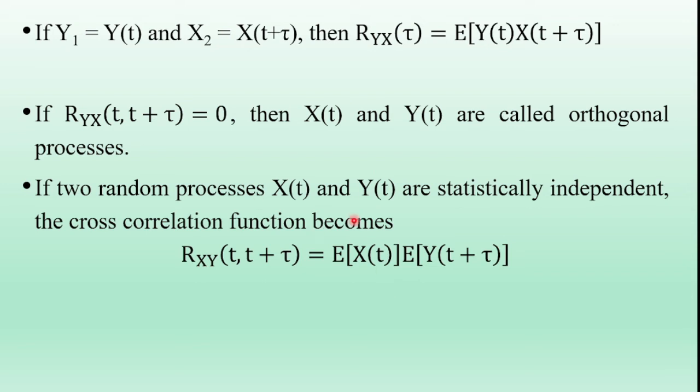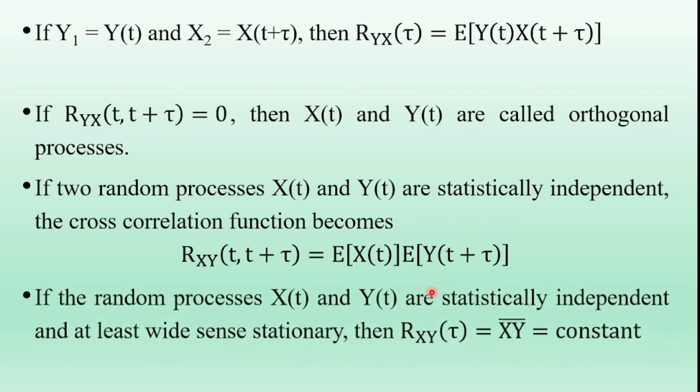Since the two random processes x(t) and y(t) are statistically independent, the expectation of x(t) y(t plus tau) is the product of the individual expectations, that is, the expectation of x(t) into the expectation of y(t plus tau). This is the condition for statistically independent random processes.